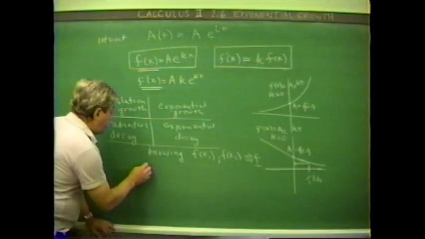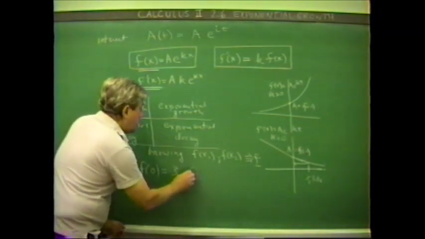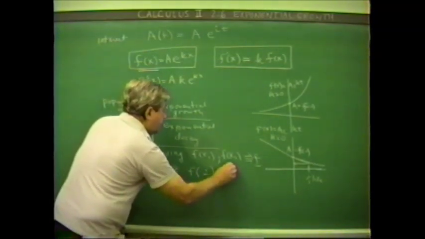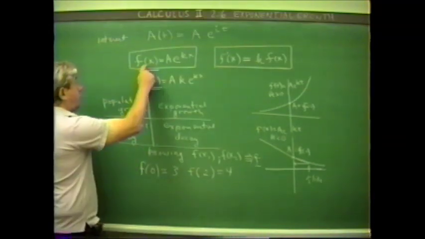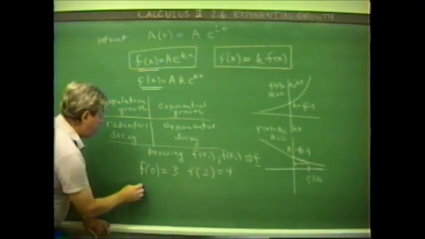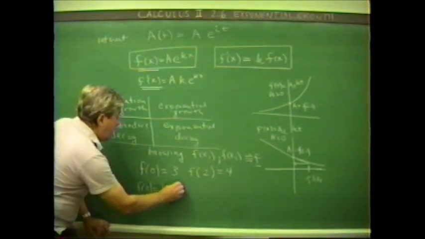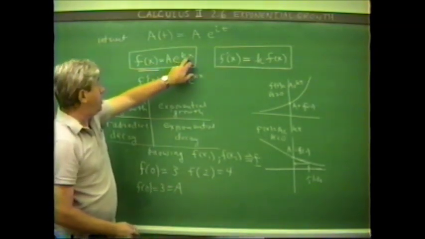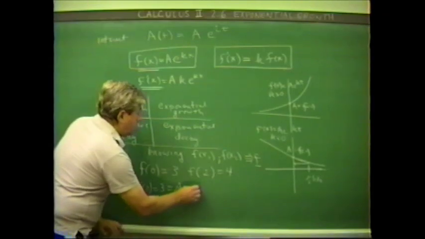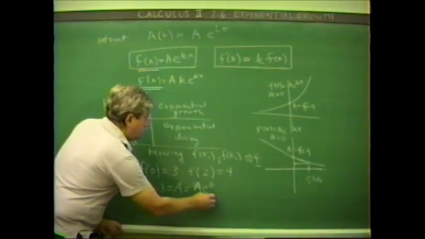For example, if we knew that f of 0 was equal to 3 and f of 2 was equal to 4, then we can use that fact to find out what a and k must be in this equation. f of 0 equal to 3 means that a is 3, because when you put 0 in here, you get e to the 0, and f of 0 is 3 equals a e to the 0, or a.